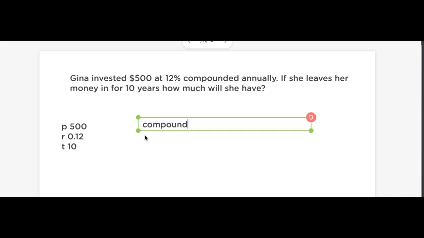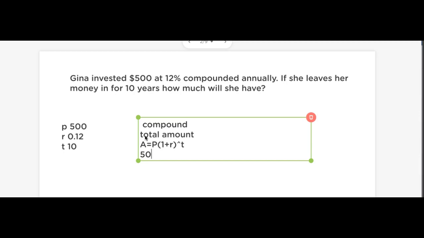We're looking for the total amount. And the formula is A equals P(1 plus r) raised to the power of the time. So what is that going to look like? That's going to be 500(1 plus 0.12) raised to the 10th power.